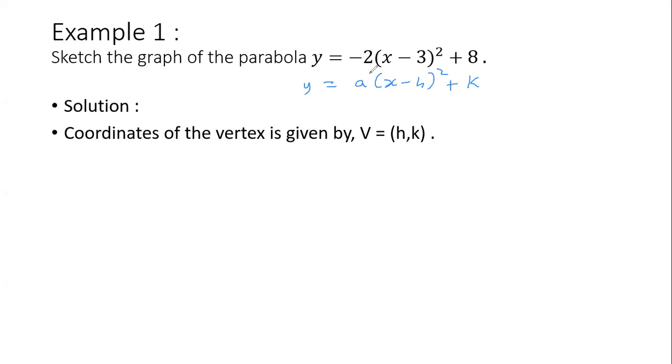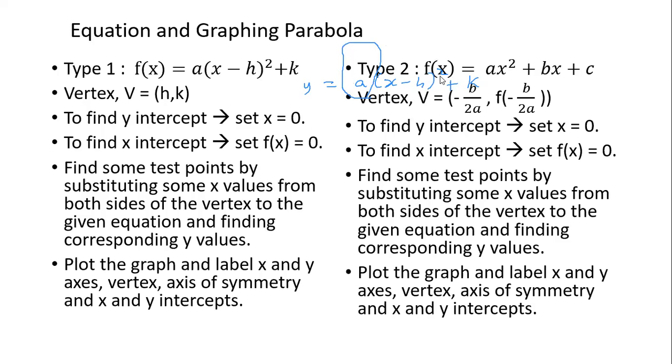you see first of all a is negative 2. If a is a negative number, okay, I think I didn't mention that with the previous slide. See here, f(x) equals a(x minus h) squared plus k.